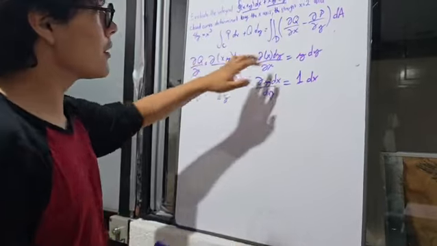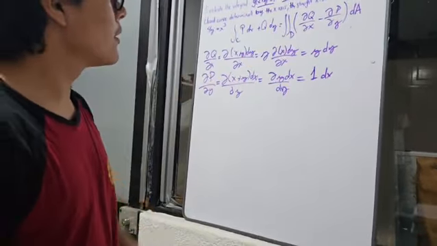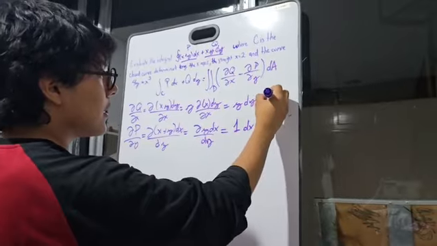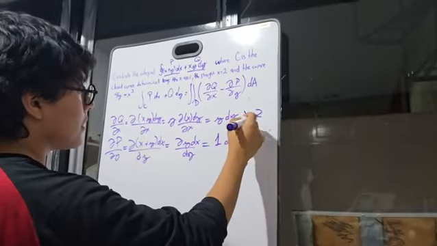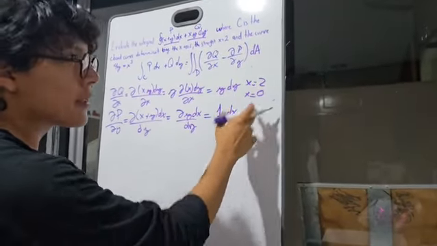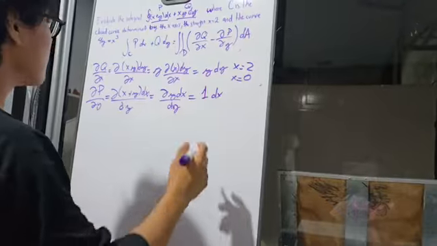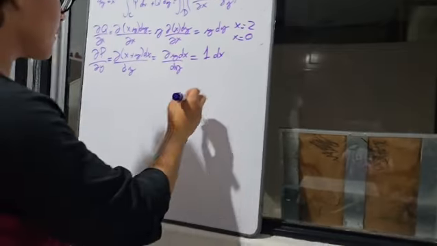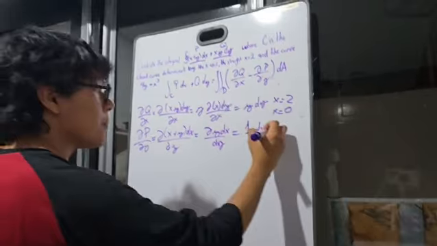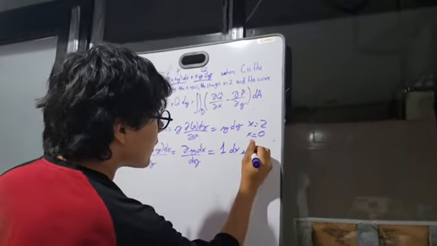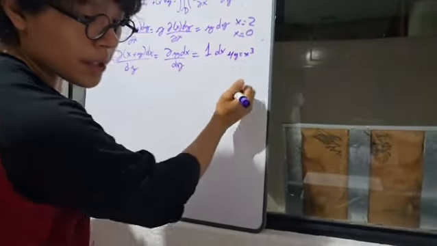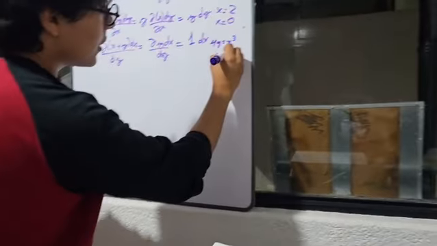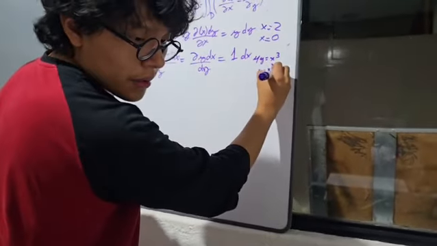Now we're going to need to know the range here. We already know that this part of the straight line is x equals 2, and it's going like this. Now the curve, we need to know the curve. So that's why they give us the function: 4y equals x to the 3, so y is x to the 3 over 4.